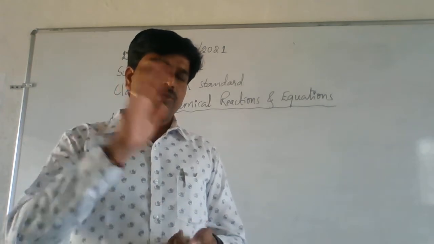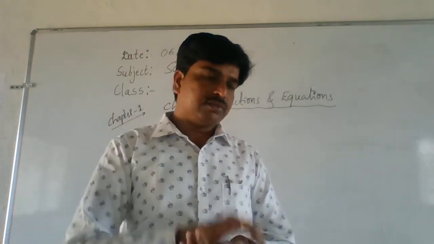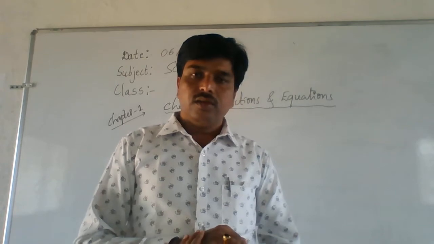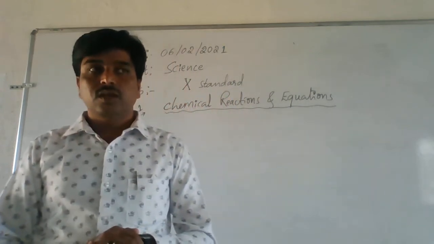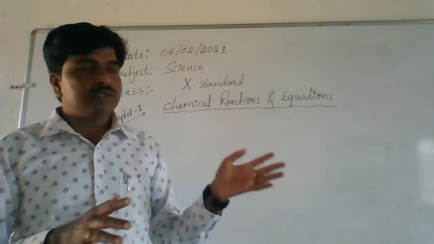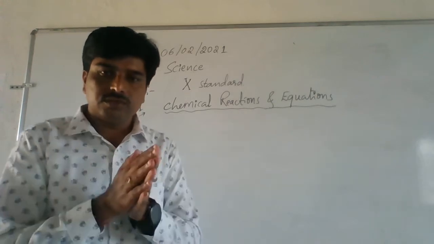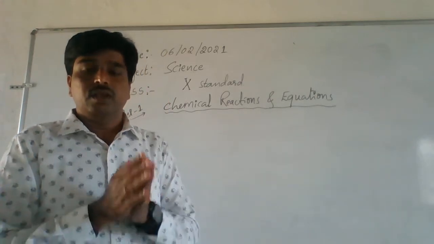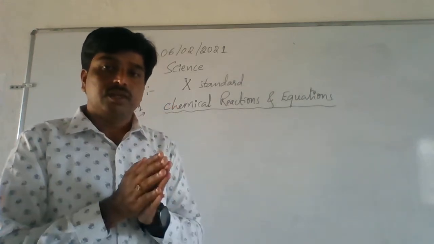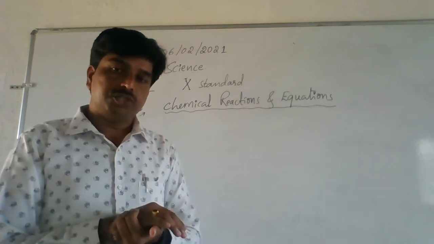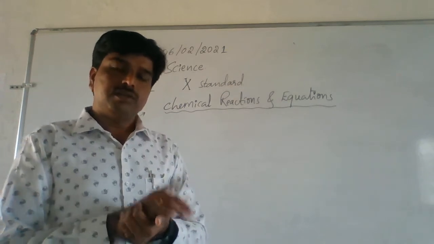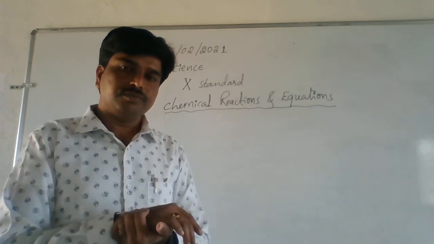Respiration is also a chemical process. I will explain after. Then iron gets rust. If you are using iron articles for your doors and windows in your homes, just observe them. If they get rust, it is also a change happened in that material.